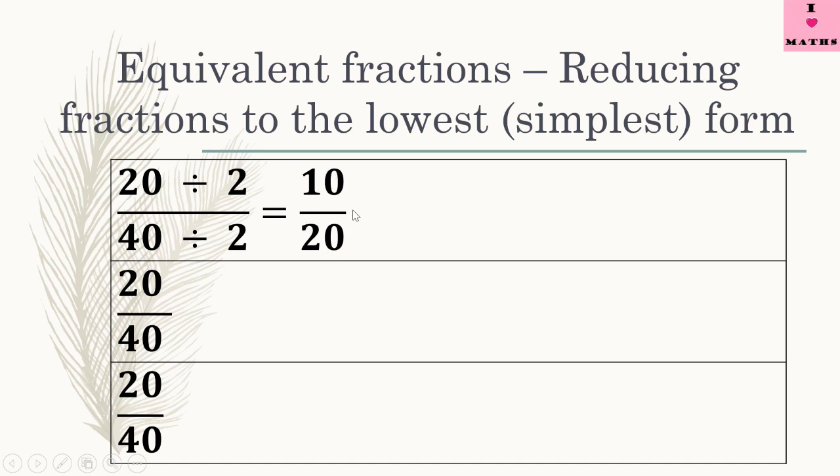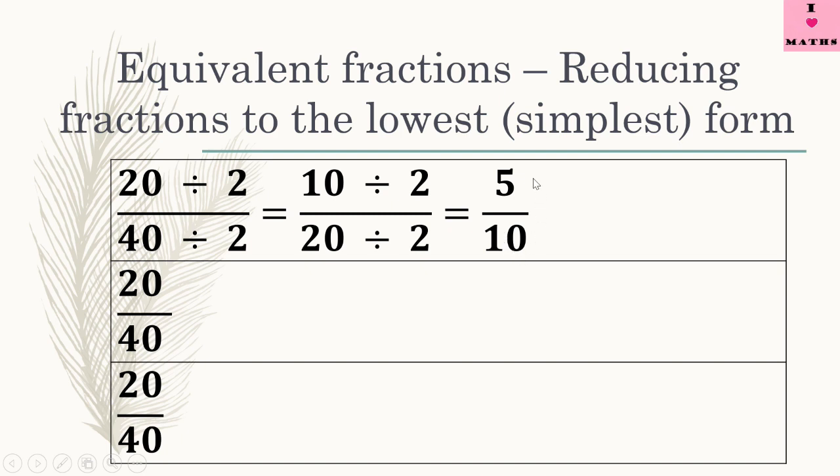It means we can further change 10/20 into an equivalent fraction. Let's see. Again, 10 and 20, they come in the table of 2. 10 divided by 2 gives us 5 and 20 divided by 2 gives us 10. So 10/20 is equal to 5/10.